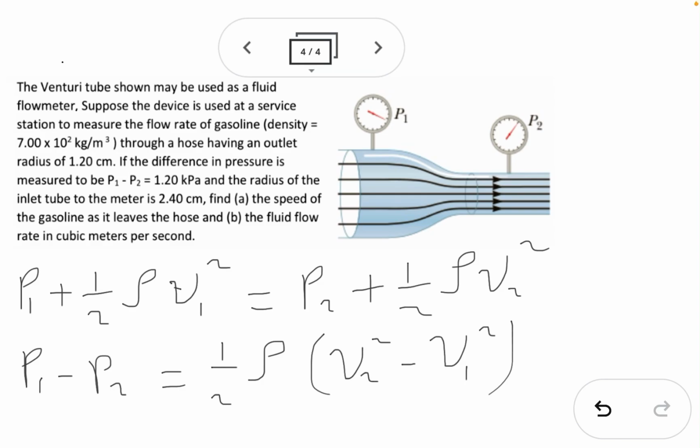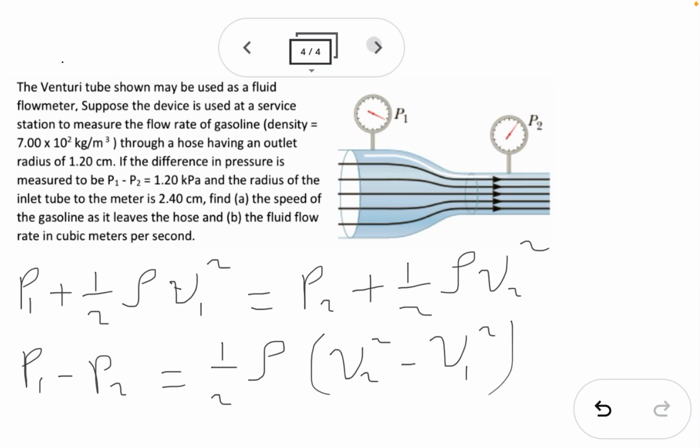So what we want to find here is actually V2, the speed at point 2. We want to find this because that is the speed at which the fluid is flowing out of this tube.